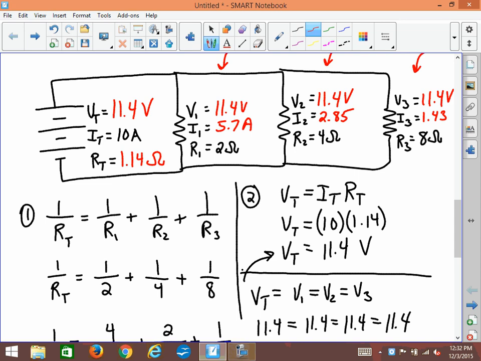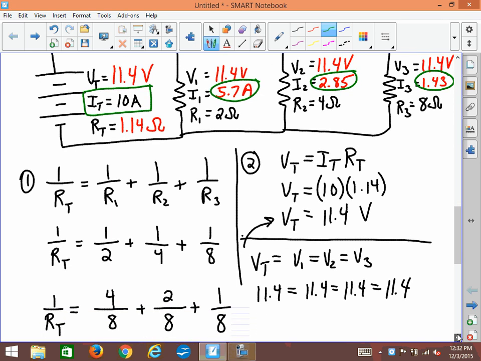Now it looks like we're done, but we can also do a double check. We know that the current is added. So if I take this current right here, add it to this current, and add it to that current, it should work out to a number very close to 10. So let's see what happens as our check.